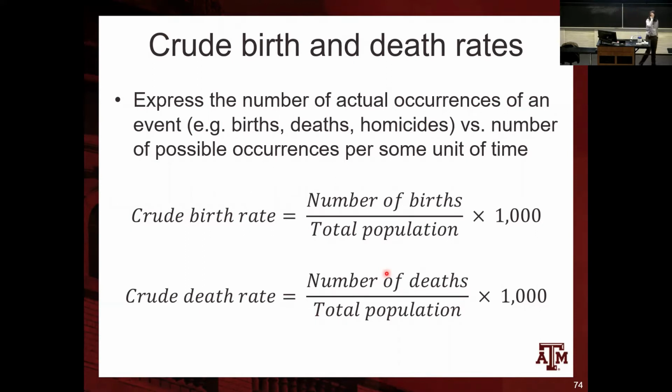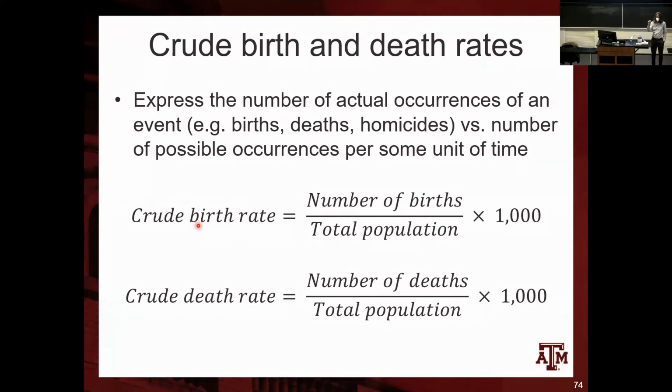The crude birth rate is a little bit more difficult, and we will discuss more about it. We usually use the fertility rate. The fertility rate puts in the denominator only the population of women. The birth rate puts in the denominator the population of men and women together.